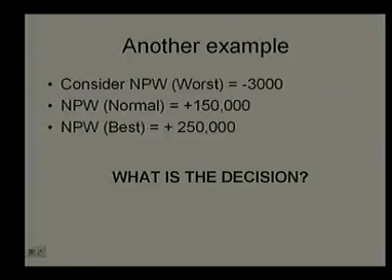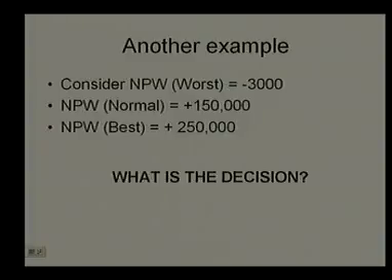Is it clear to you or not clear? It's clear. See, what I have done in this problem is, I have straight away given you the NPW corresponding to the worst value. These are derived from some data. That data is not shown in this problem.